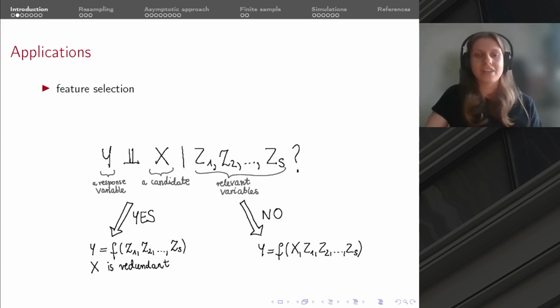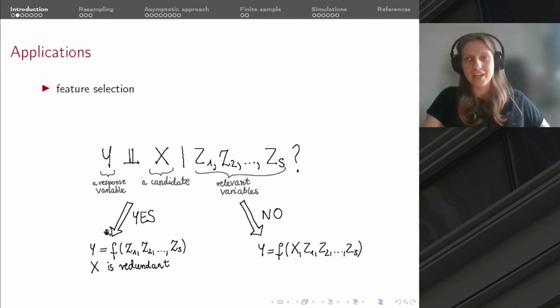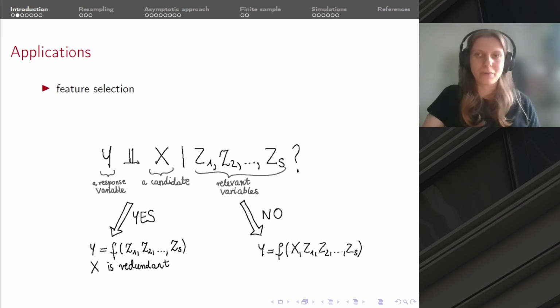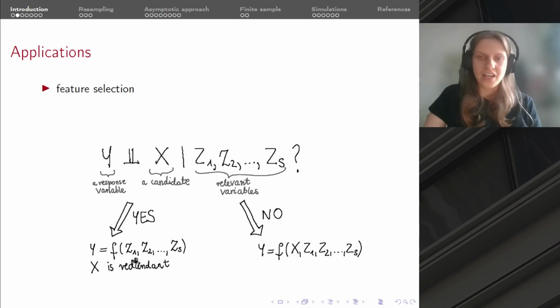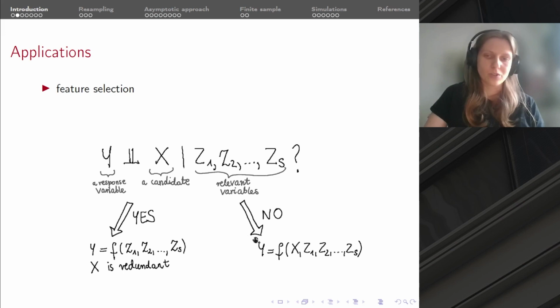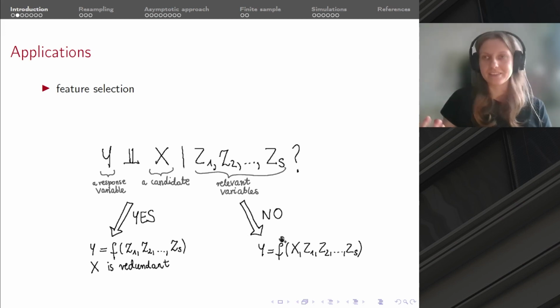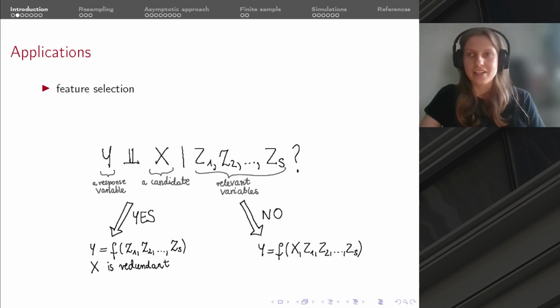And if the answer is yes, then it means that x does not contain any additional information about y which is not included in z's. So we should throw x away, x is redundant, and build a model based only on z variables. And if the answer is no, so they are dependent even if we include z's, then probably we should include also x in our model.